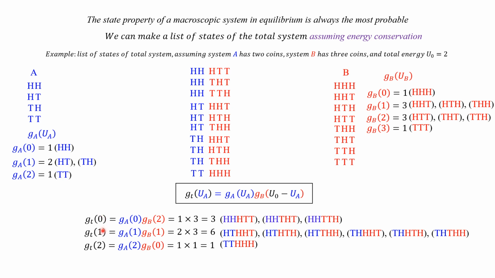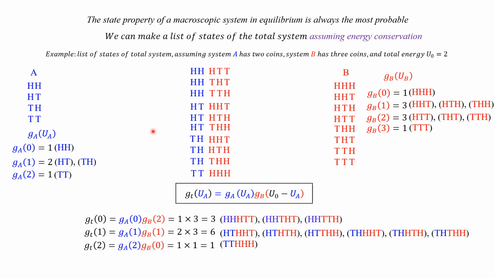The probability that we're going to find system A having 1 unit of energy is 6 out of 10, because in 6 states of the total system, system A has 1 unit of energy, and the probability of energy equal to 2 is 1 out of 10, because only in this state of the total system, system A has 2 units of energy.